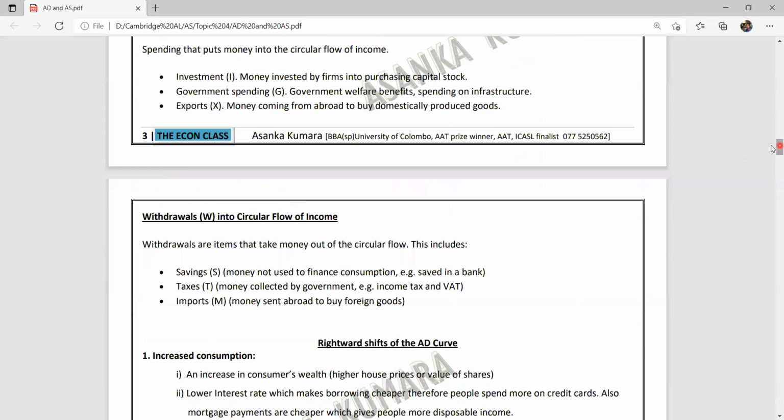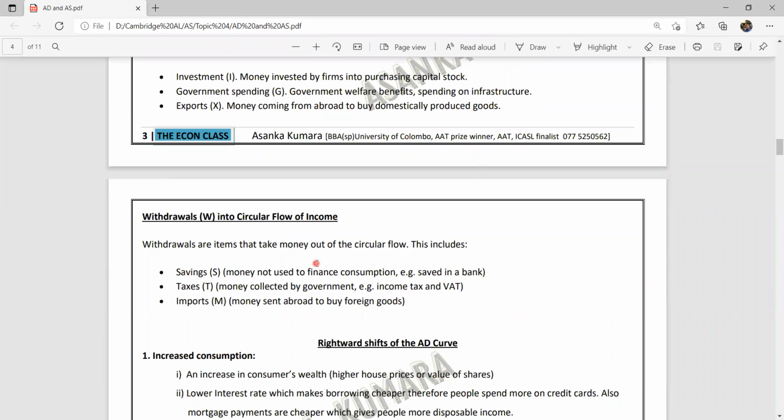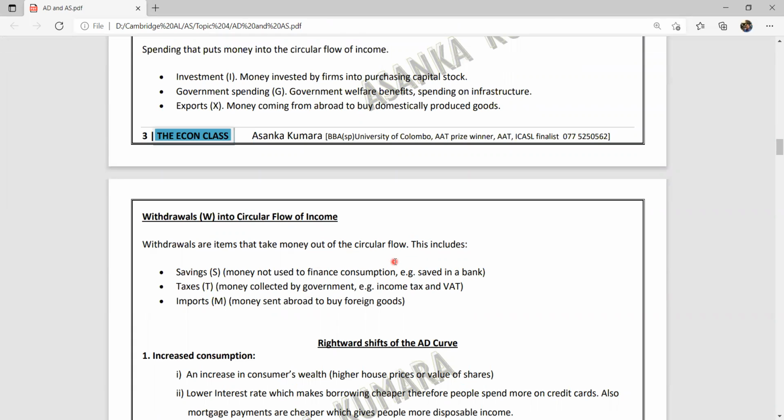Withdrawals are money taken out from the circular flow. You may have heard the word circular flow. Circular flow is a particular analysis for realizing the interrelationship between the components, or participants, we identified before.